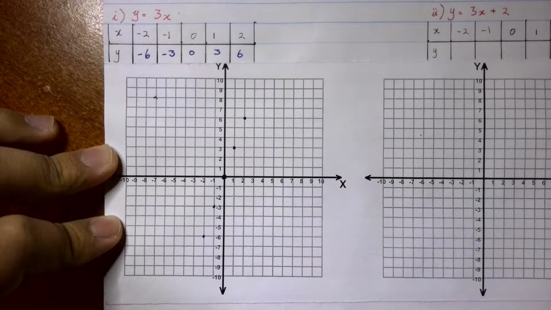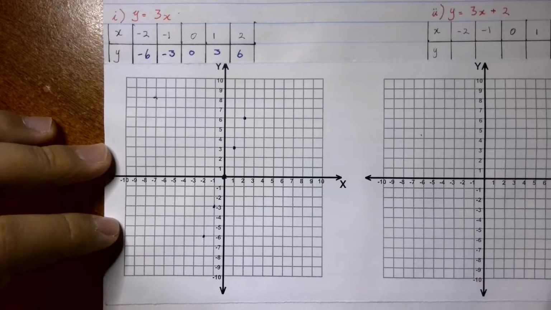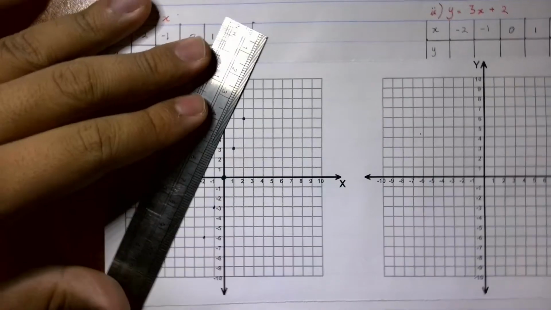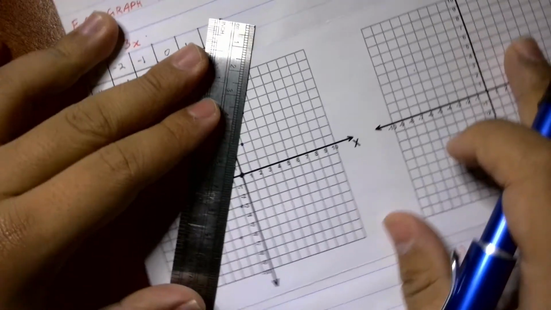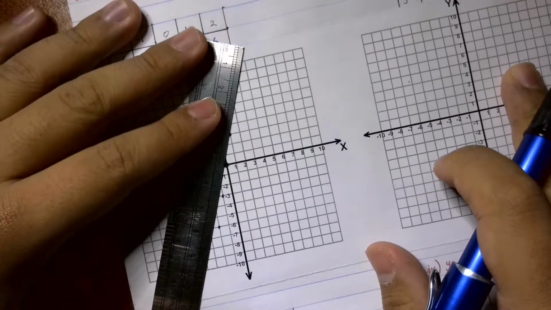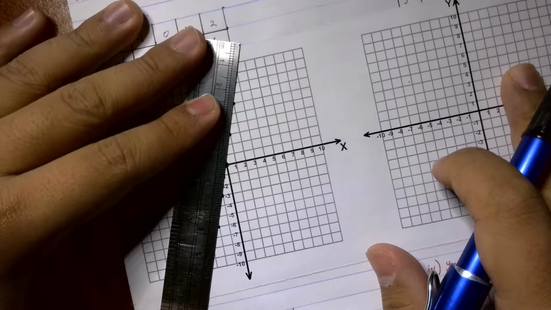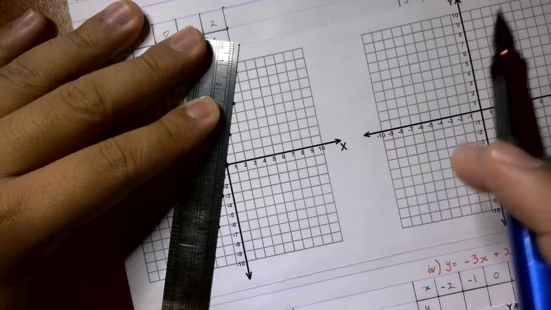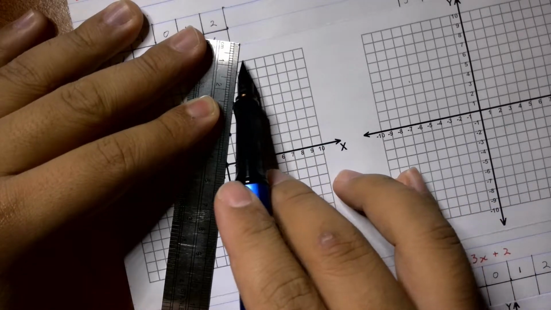Joining all these points along, using our ruler, making sure this is as straight as possible, make it as neat as possible. These are all our points. I think that's the best I can get it.